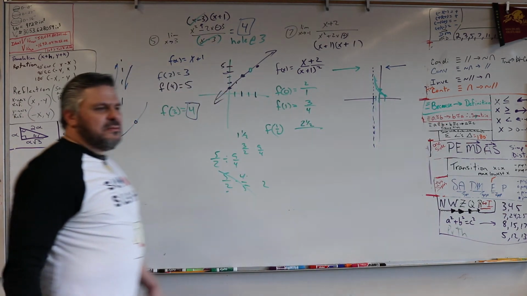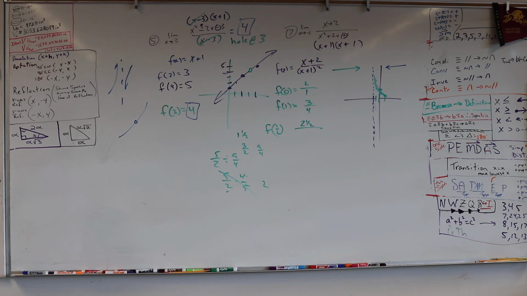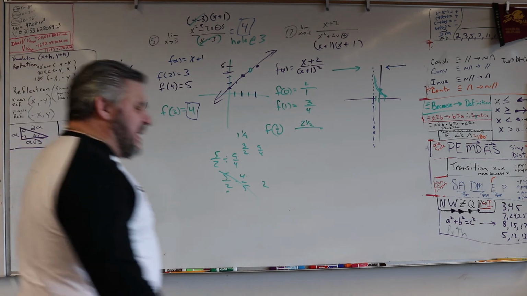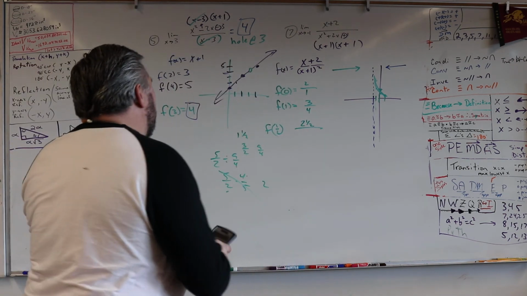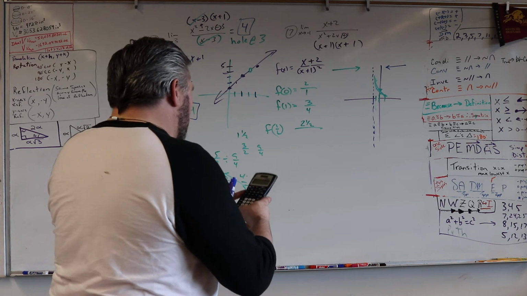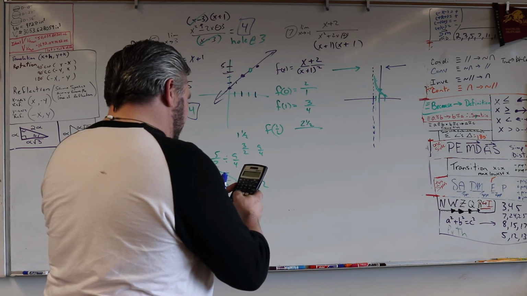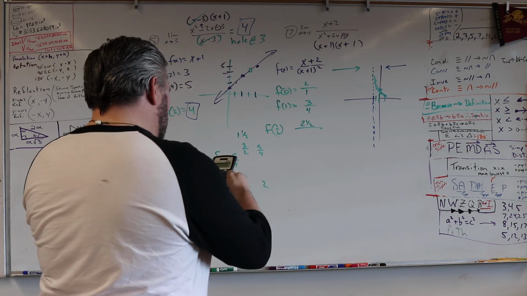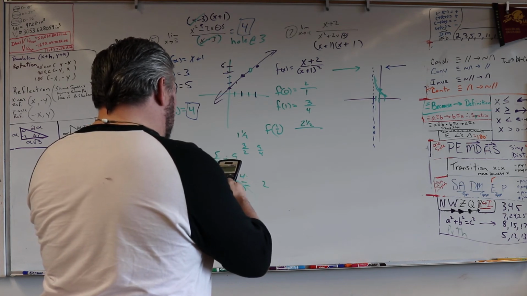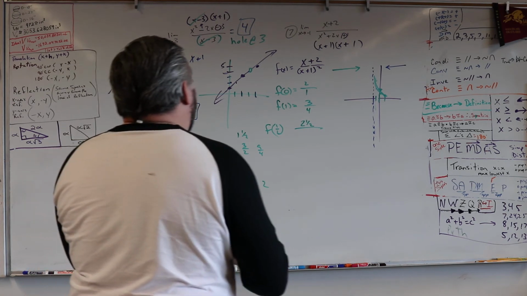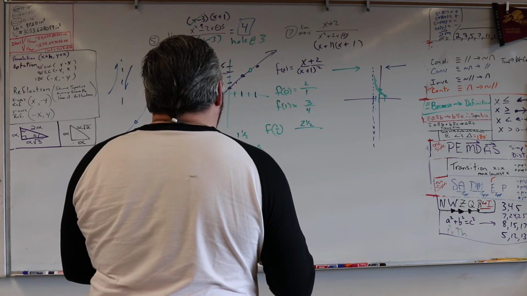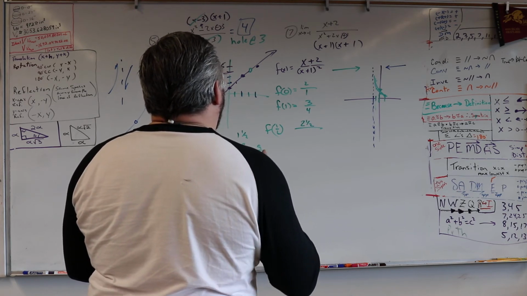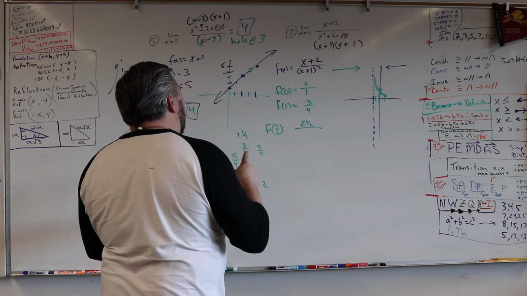Does that make sense? Sure. Now we can double check it by what? 2.5 divided by, what did we say? It was 1.5. What, a half?